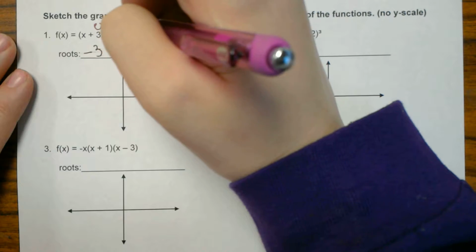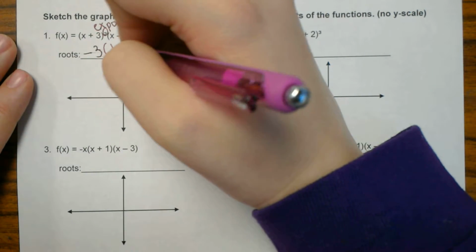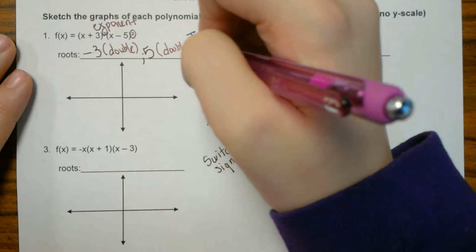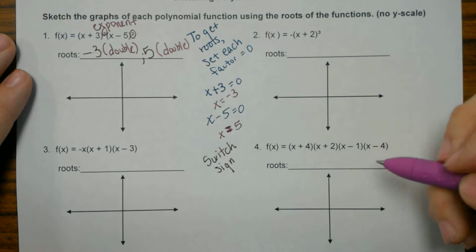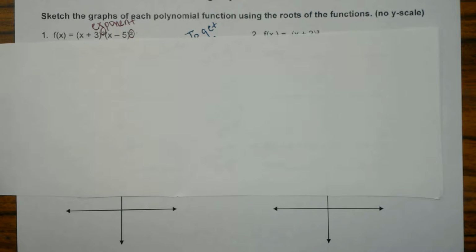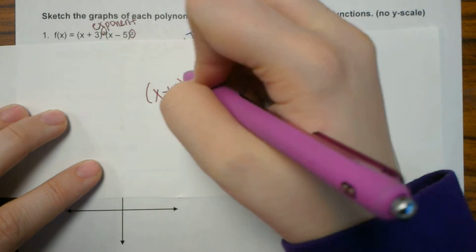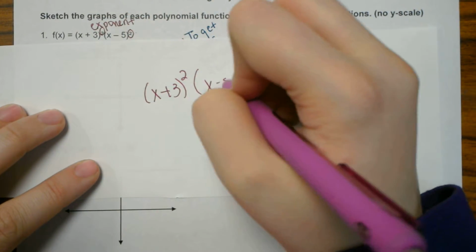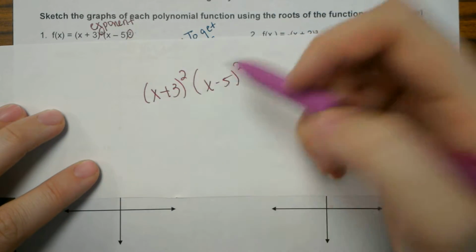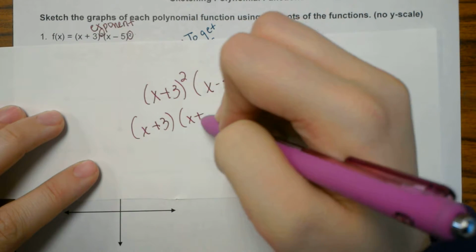I'm looking at the exponent. So the exponent says I have a double root on both negative 3 and 5. So what that means is that if I square x plus 3, that's x plus 3 times x plus 3.